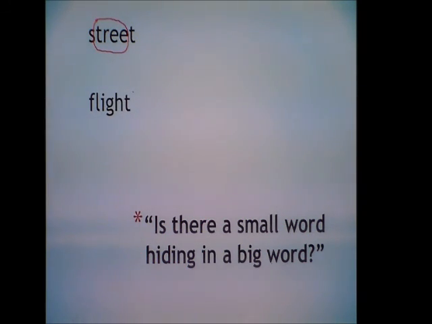This one, I can see most of the word light. So you've got light, flight. This one, the small word I can see is pack. Pack it, packet.